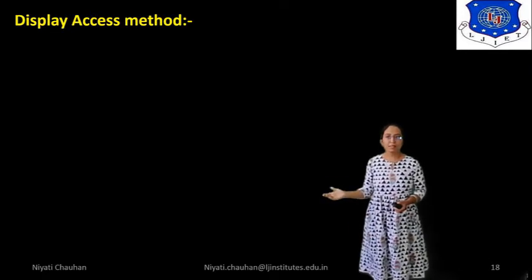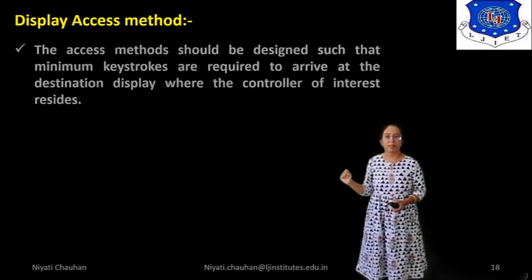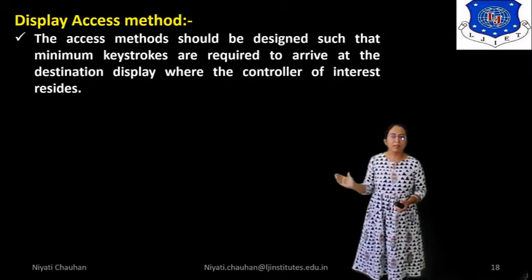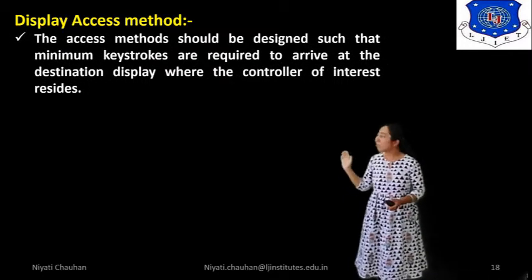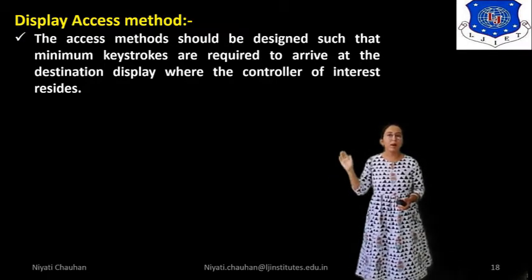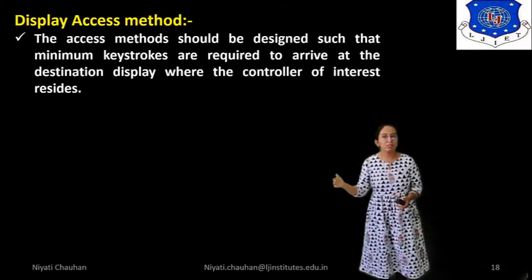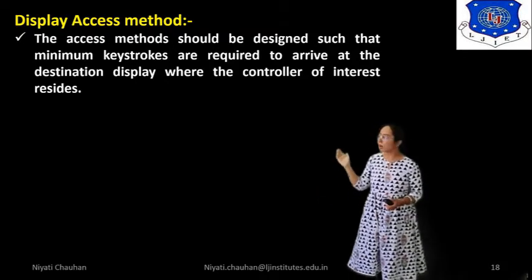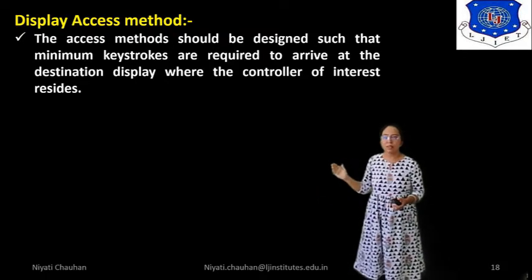So next is display access method. The access methods should be designed such that minimum keystrokes are required to arrive at the destination display where the controller of interest resides.